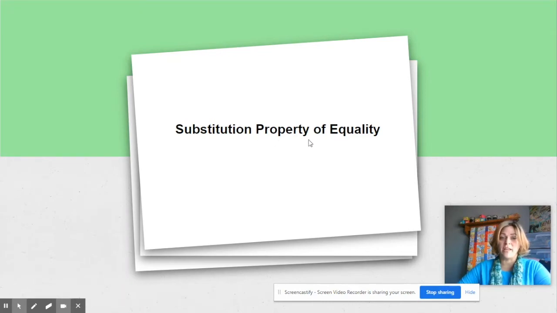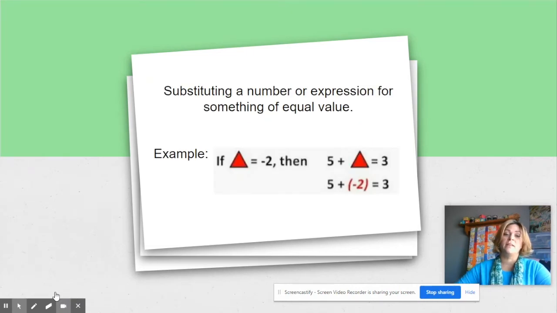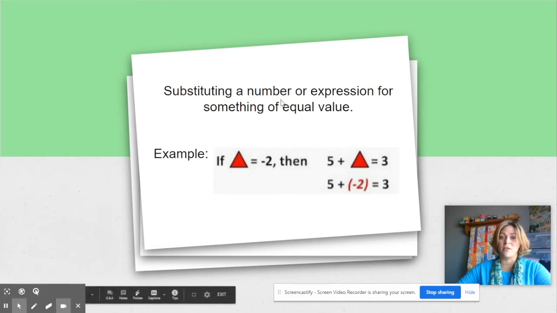Substitution property of equality. Substitution is when you take something and replace it with something of equal value in an equation. So substituting, think of a substitute teacher. When your teacher's not here, they are gone, and a substitute comes in supposedly to replace or be equivalent to the original. We know it's not always the case, but in math, it is. You can only substitute with equal value. So substituting a number or expression.